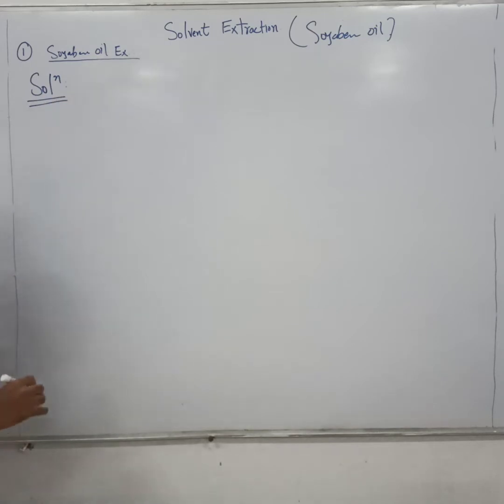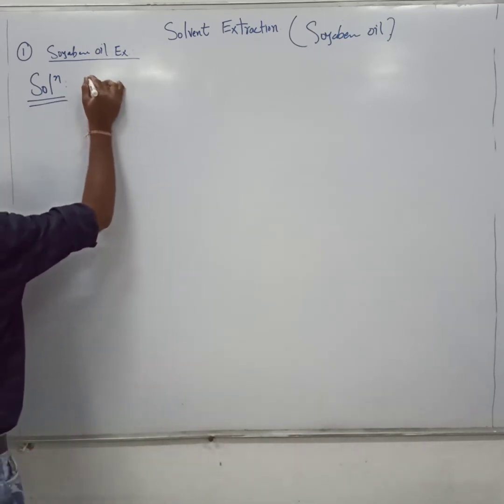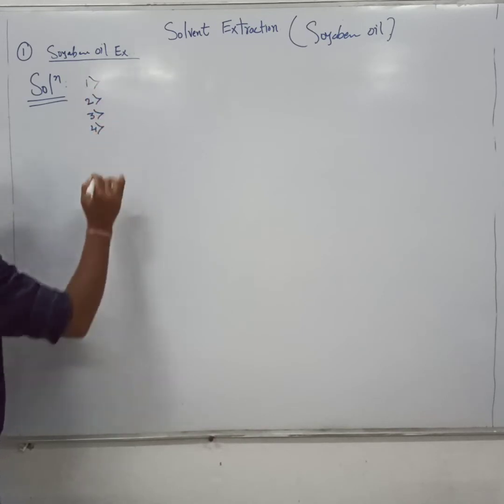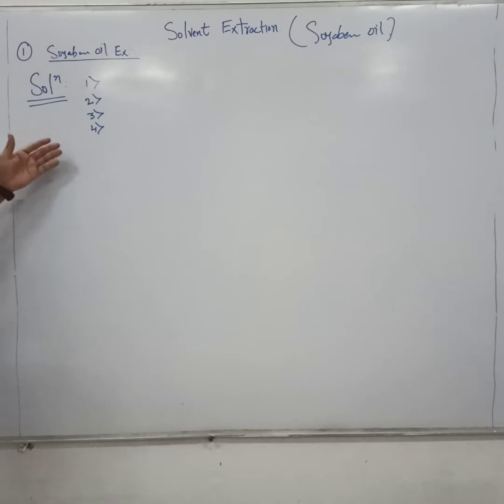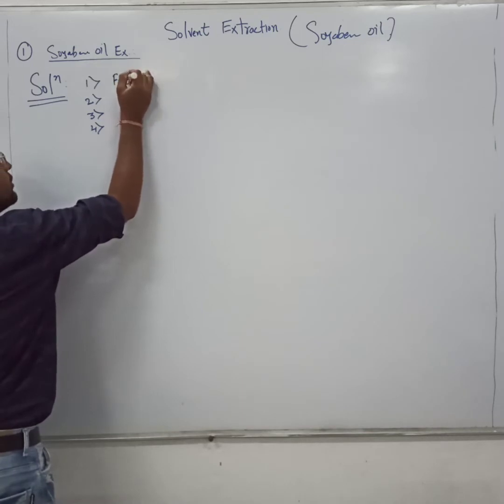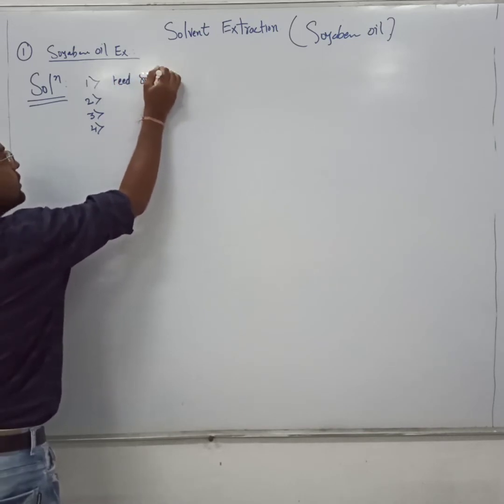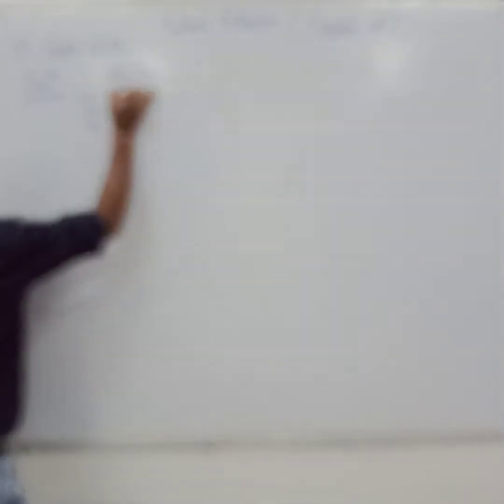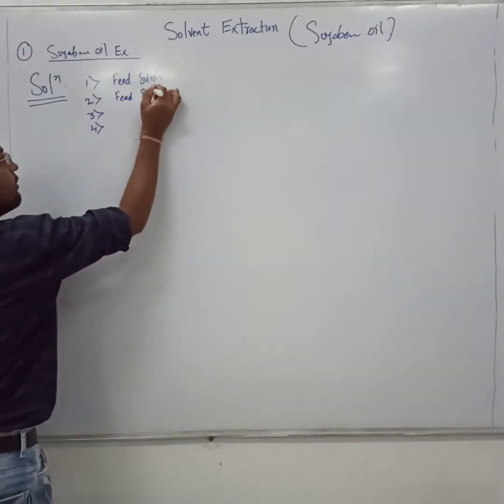Before starting the solution, I will focus on another parameter: our numerical will be solved in 4 different parts. First part is calculating feed solids. Second part is calculating feed solvent.